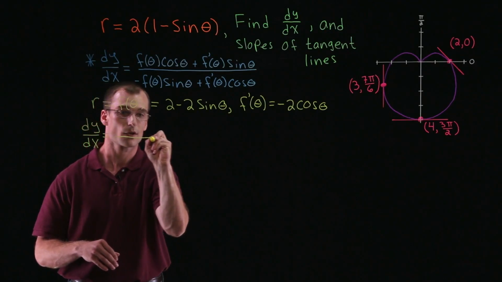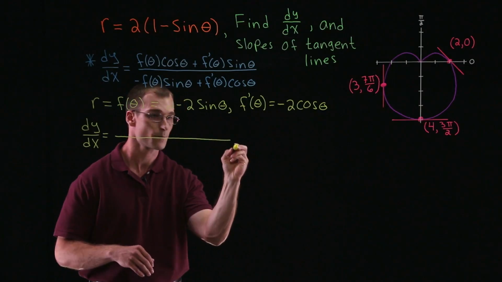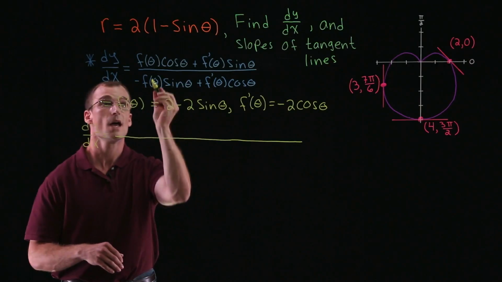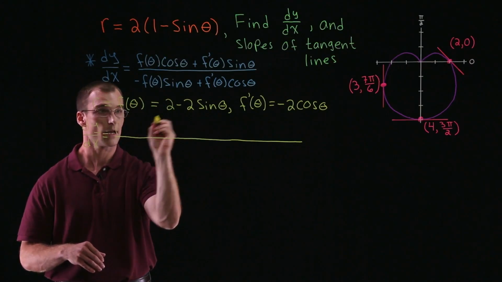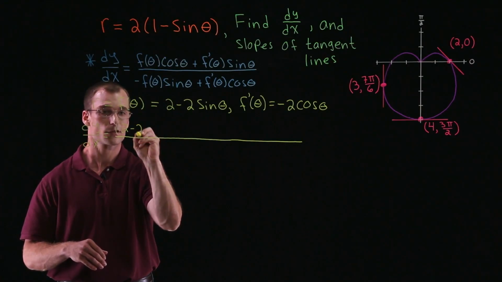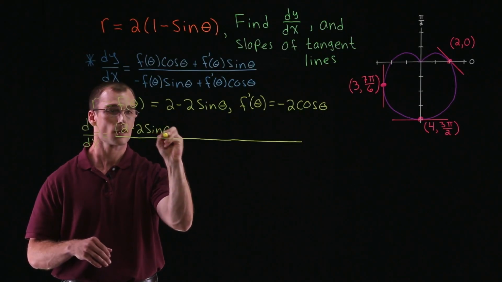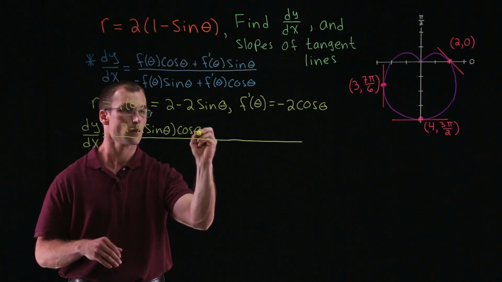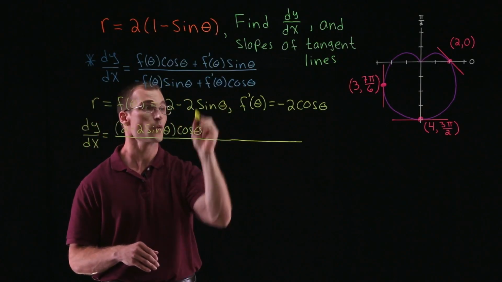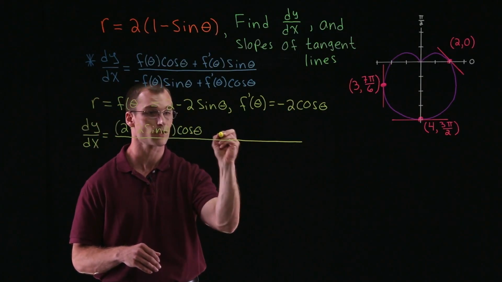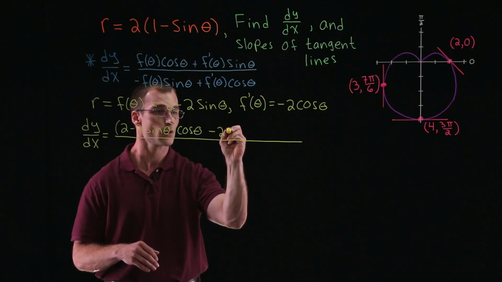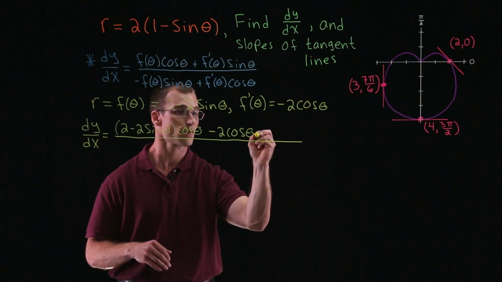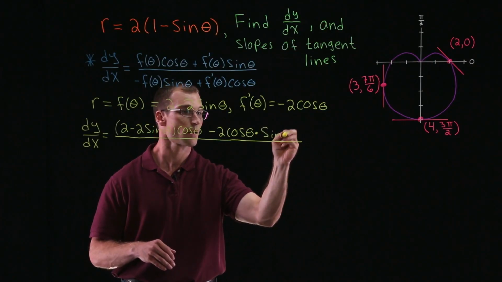So dy/dx is equal to, we'll give ourselves some space here. f of theta, our 2 minus 2 sine theta, times cosine theta, plus f prime, or plus negative 2 cosine, so minus 2 cosine theta times sine theta.